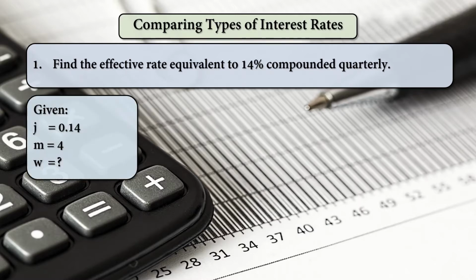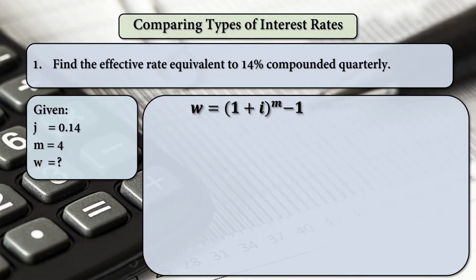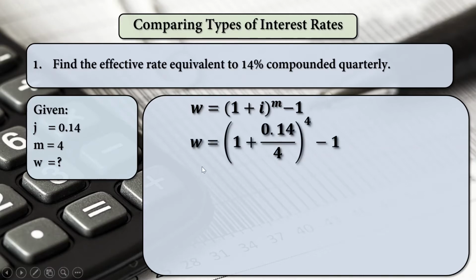So we have to find the effective interest rate given J of 0.14 and M equal to 4. Using the formula for the effective interest rate, that is (1 plus I) raised to M, minus 1. Since I is equal to J over M, we divide 0.14 by 4, add 1, raise the value to the exponent of 4, and then subtract 1.